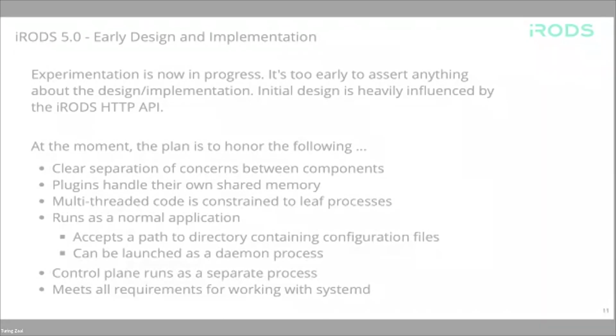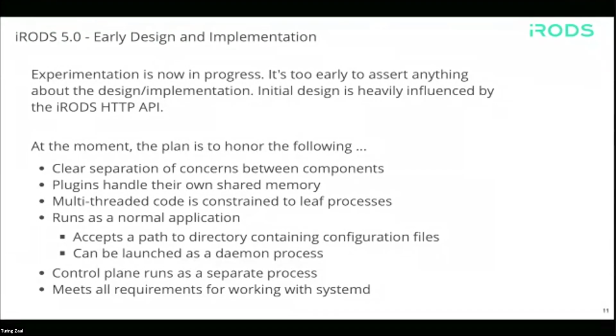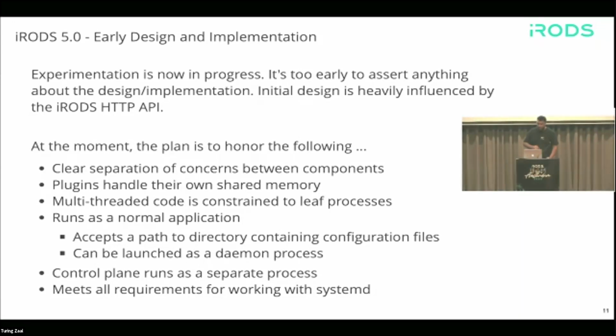Going back to the fork-exec and multi-threaded situation, the way we can get around that is by constraining multi-threaded code to leaf processes. So only agents, or just leaf nodes within the process tree, are allowed to run multi-threaded code. We want the application to run as a normal application and then give people the option to opt into becoming a daemon process.